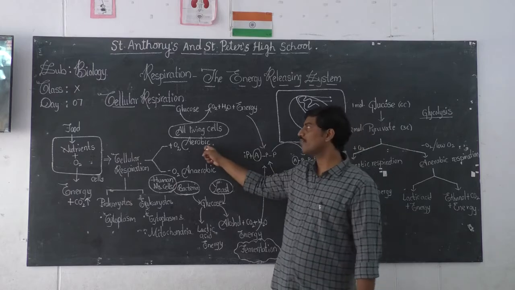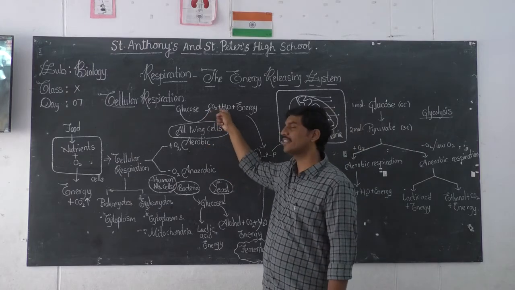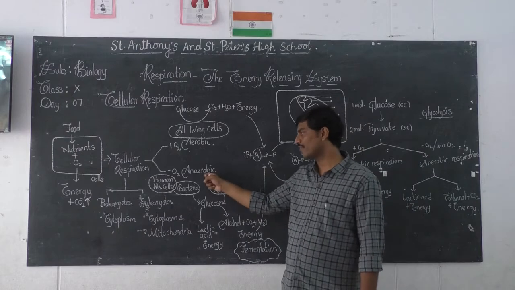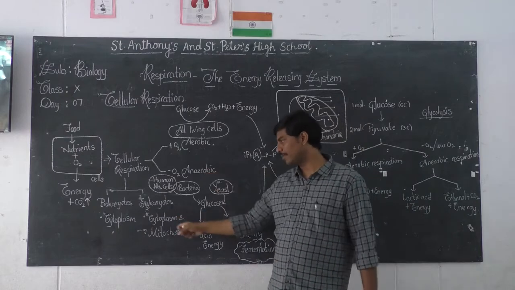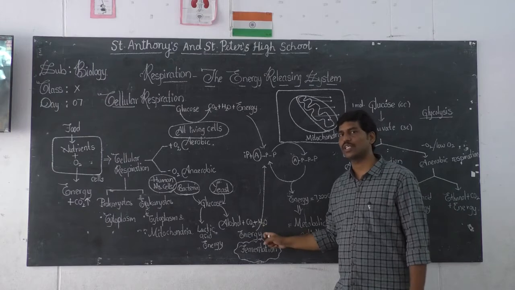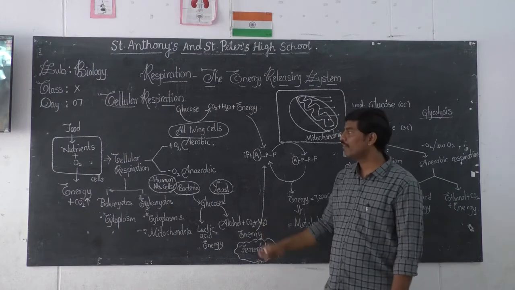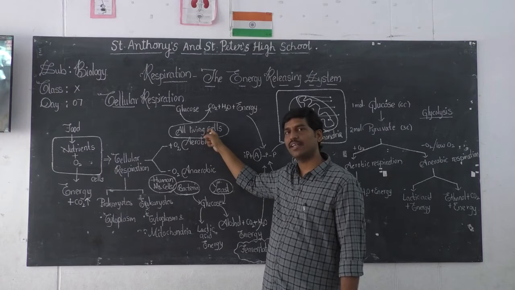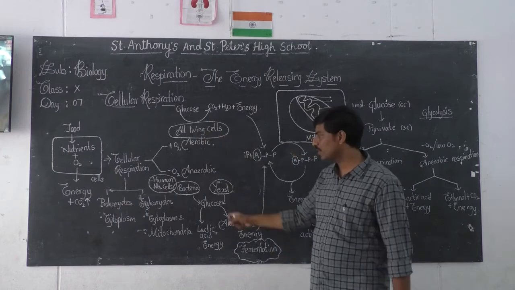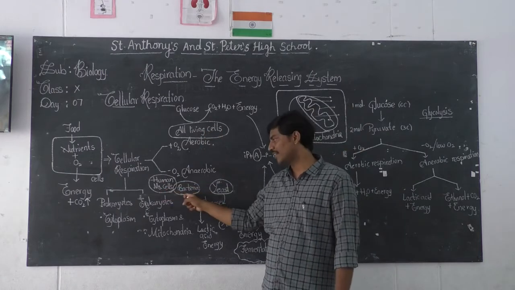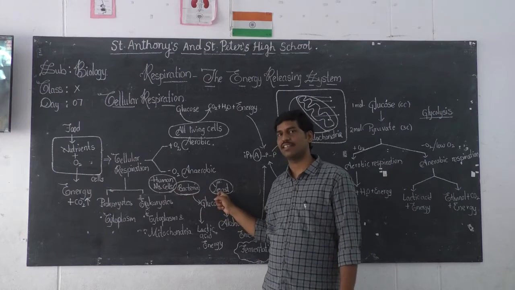The end products of aerobic respiration are carbon dioxide, water and energy. Whereas the end products of anaerobic respiration may be lactic acid or alcohol, carbon dioxide, water and energy. Where does aerobic respiration take place? In all plant and animal cells. Where does anaerobic respiration take place? In human muscular cells, bacteria, yeast, etc.